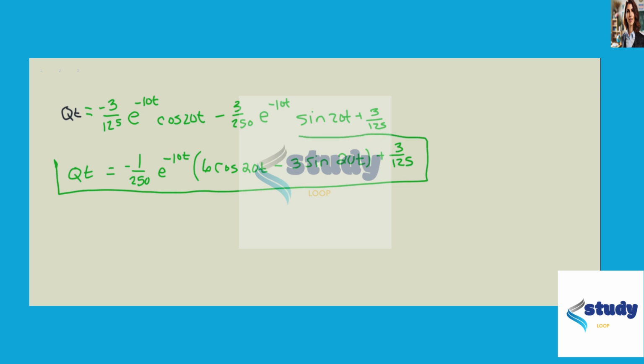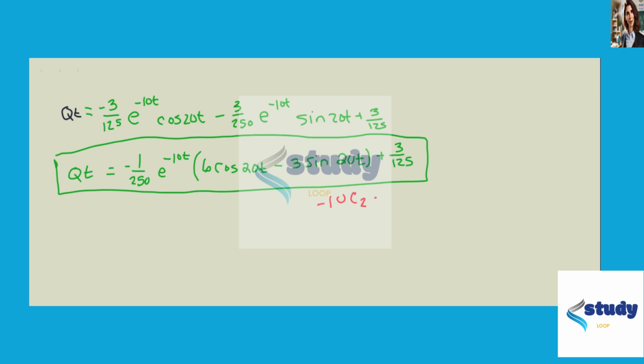And then I also have to solve for my I. So the I is the derivative. So when I go back to my derivative function, I have negative 10 times C2 minus 20 C1. I'm really only concerned with my sine function because that will give me my 0, and I need the 0 because my Q prime equals 0.